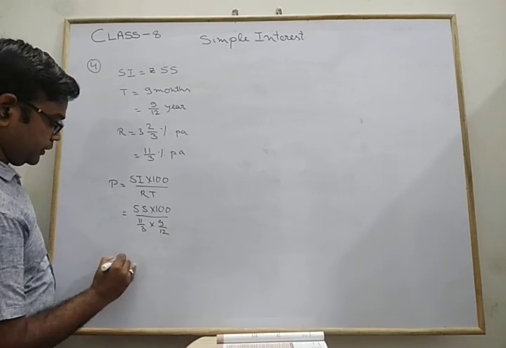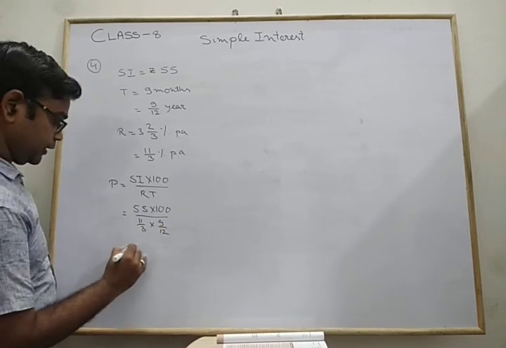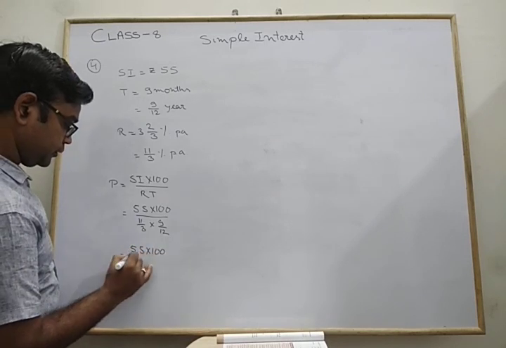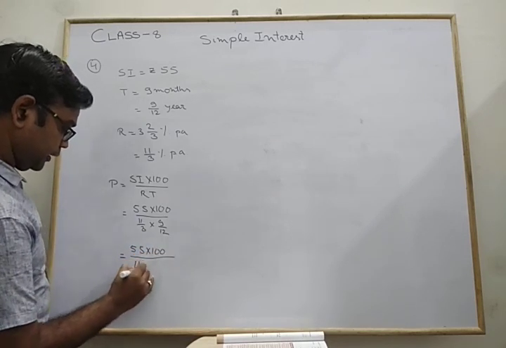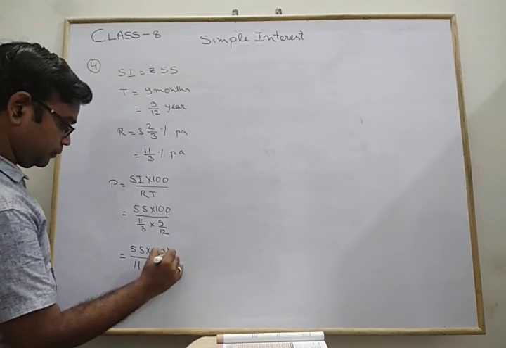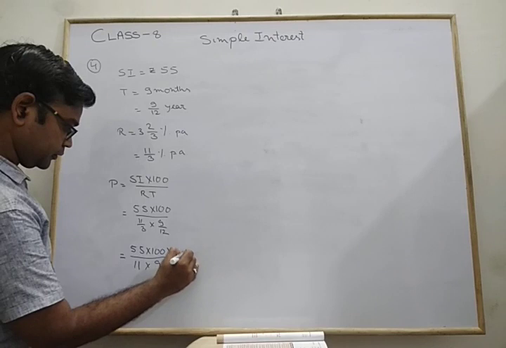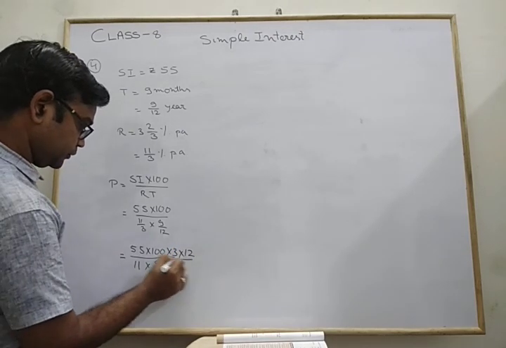When we simplify this, we can write 55 into 100 by 11. 3 is going upward into 9, 12 going upward. Solve one by one.